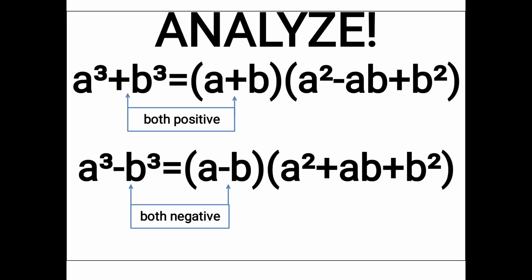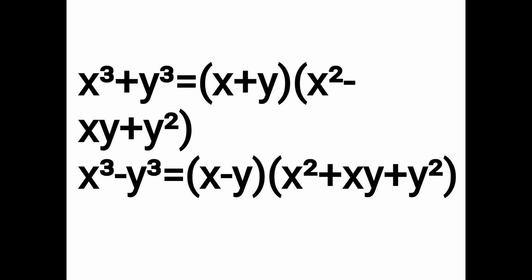a cubed plus b cubed is equal to the quantity a plus b times the quantity a squared minus ab plus b squared. For a cubed minus b cubed, it is equal to the quantity a minus b times the quantity a squared plus ab plus b squared. So in the given, there is a sum and difference of cubes.